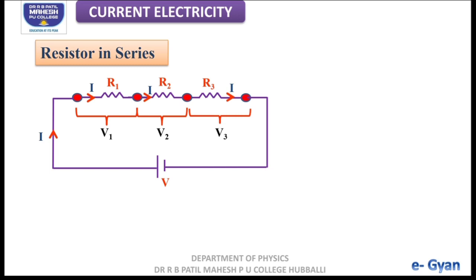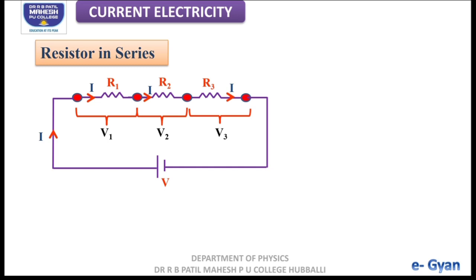Potential difference across R1 is V1, across R2 is V2, across R3 is V3. The sum of all these three is equal to the voltage of the battery. Hence, we can say that this voltage gets divided into three depending upon the values of R1, R2 and R3.